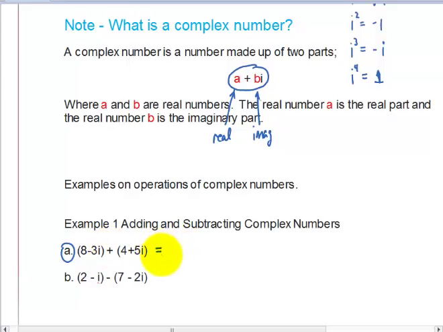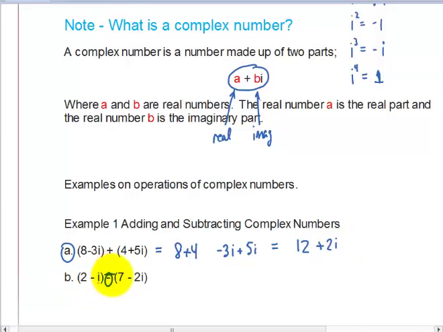So this problem is done as if we're just keeping the real parts together. So I have 8 plus 4 for the real part, and I have -3i plus 5i for the imaginary. I collect the like terms, I keep them together, and my complex addition for these two numbers will be 12 plus 2i.